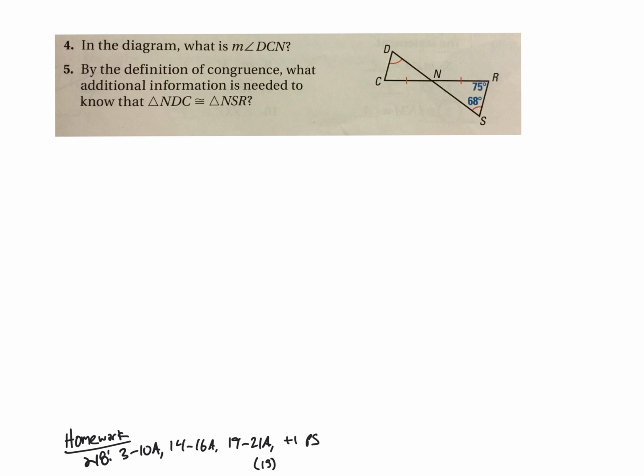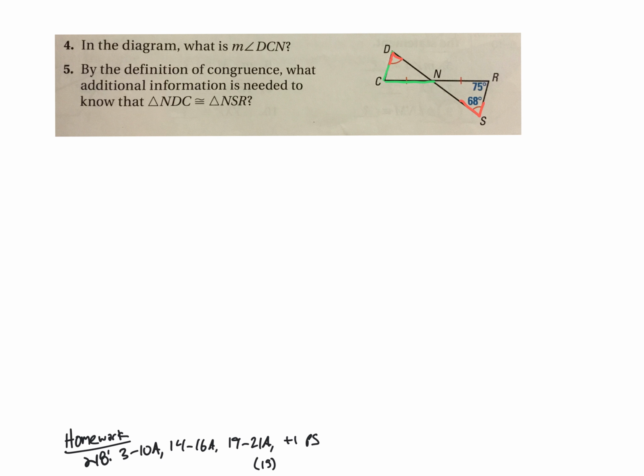So let's see if we can solve this one here. It says in the diagram, what is the measure of angle DCN? Okay. Well, first of all, I know this angle is the same as this angle.